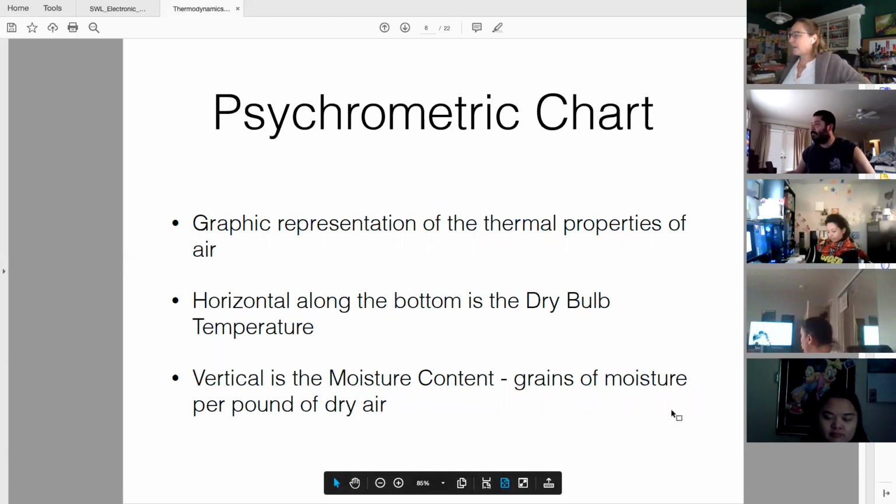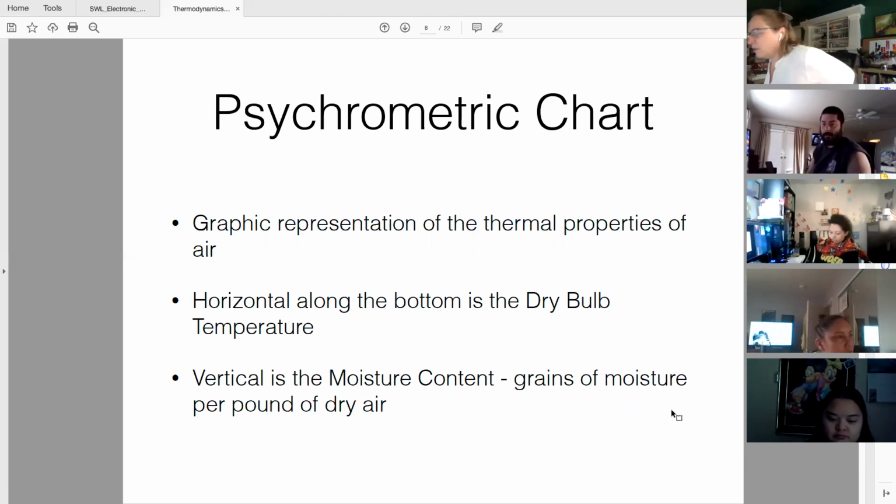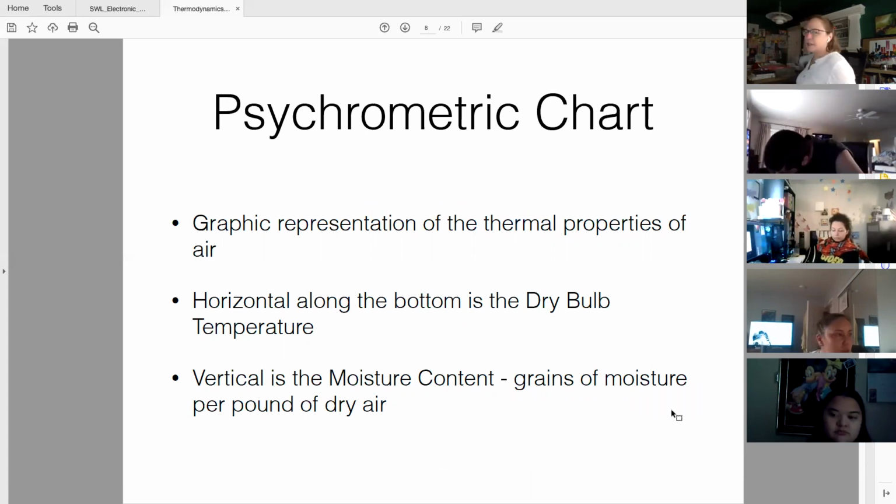Okay, so psychrometric chart. This is going to be a chart with a graphic representation of all these different concepts coming together, and there's going to be a lot of lines. So we're going to just take it one concept at a time.